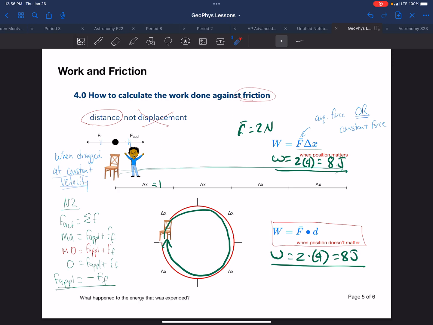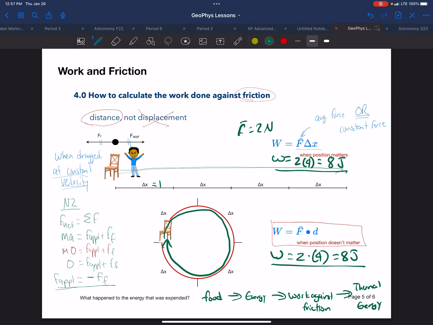Well, ultimately what happened was we had food being converted to energy of the person, which did work against friction. And where did that go? Well, that went into thermal energy. We know that friction tends to heat things up.